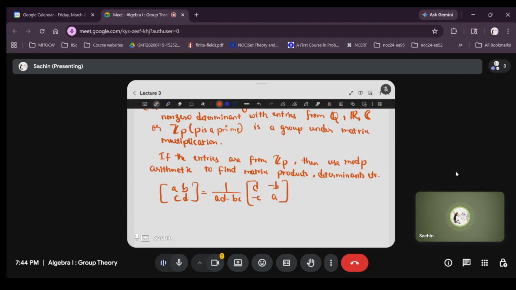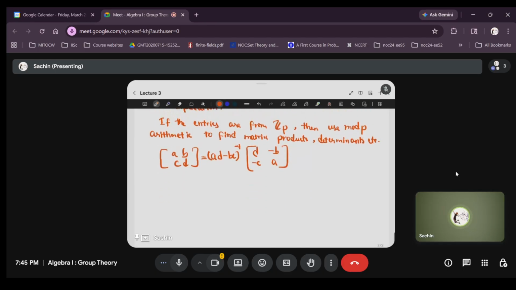So when it comes to Zp, instead of dividing by ad minus bc, you multiply by the inverse of ad minus bc. And this inverse is modulo p inverse. And this minus c and minus b are additive inverses in modulo p addition.